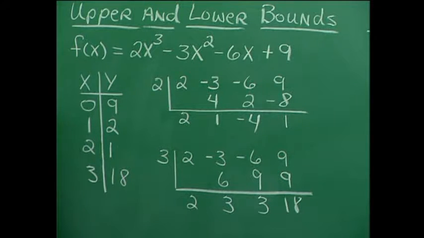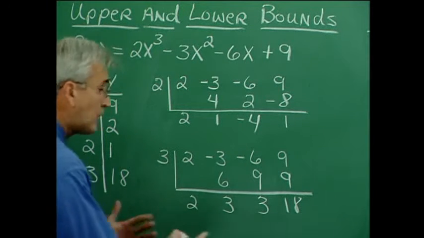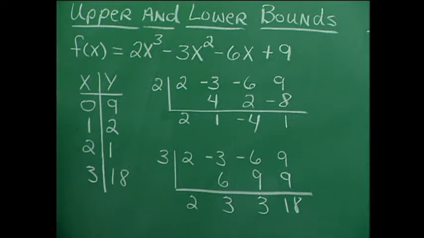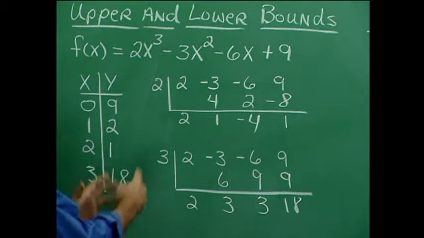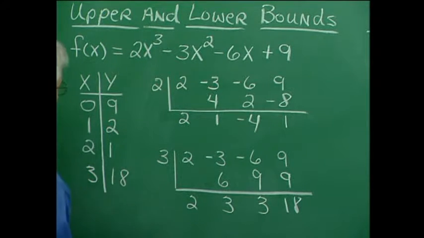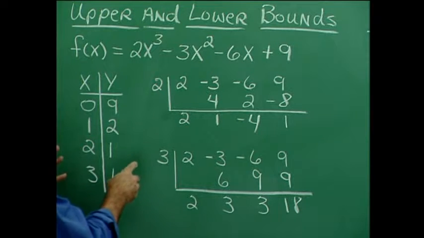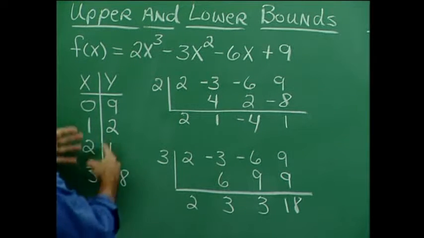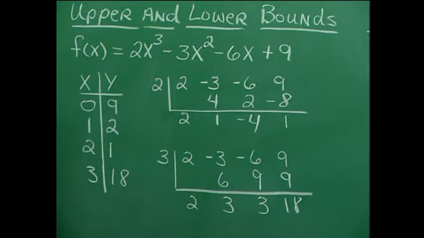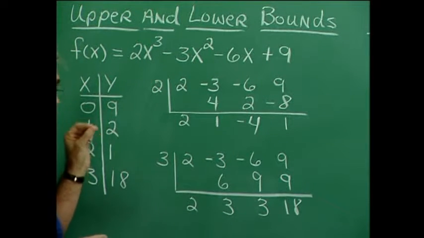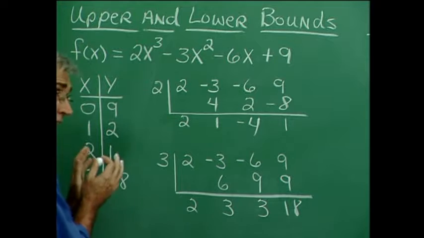Now, do we continue to try? Do we try 4 and 5 and 6 and so forth? Well, gee, we could analyze this and think, well, maybe there's a crossing, maybe there are a couple of crossings in one of these intervals right in here, where we have 2 zeros within a really tight interval.